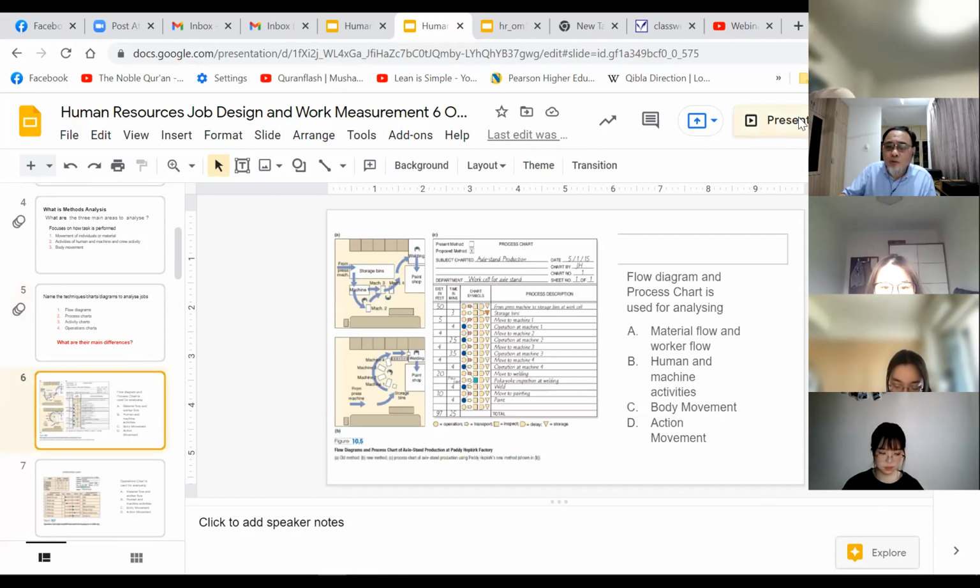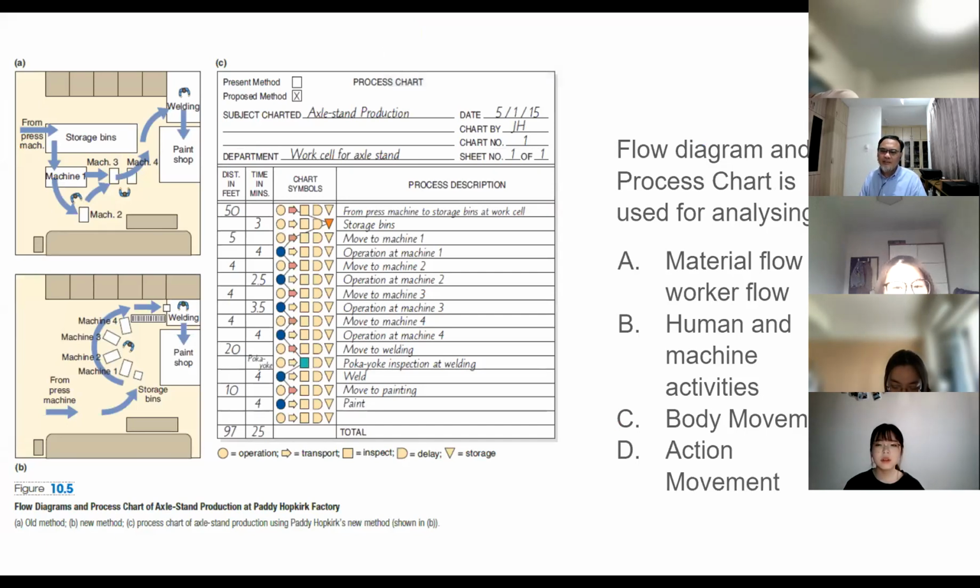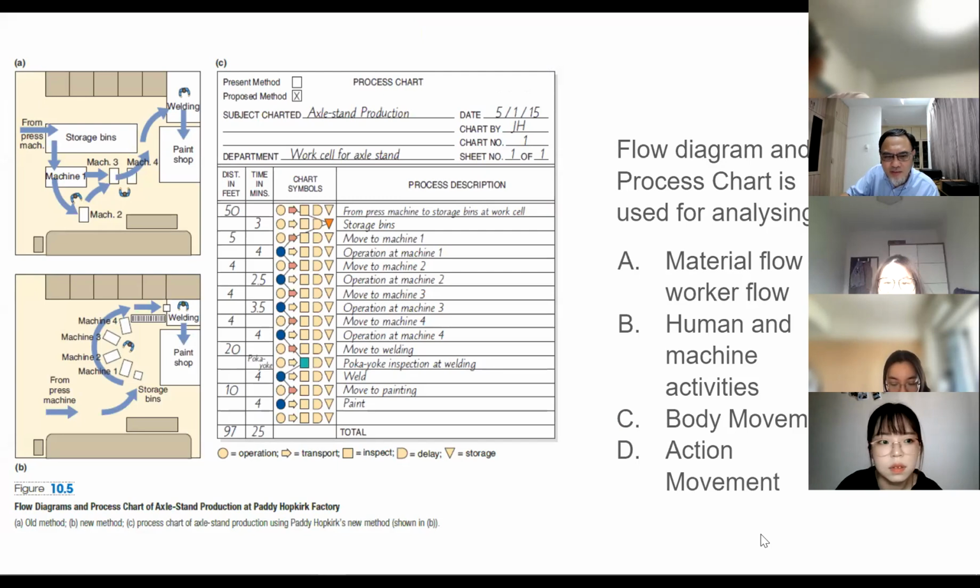So I'm going to give you a quiz now. I've given you the answer already just now. Flow diagram and process chart are used for analyzing A, B, C, D? Type in the chat box. You can copy your friend, or you can think for yourself.